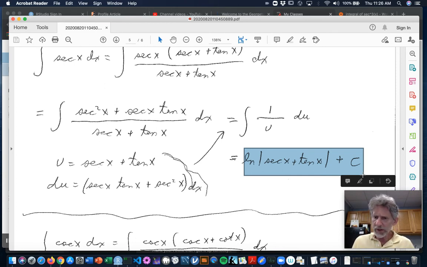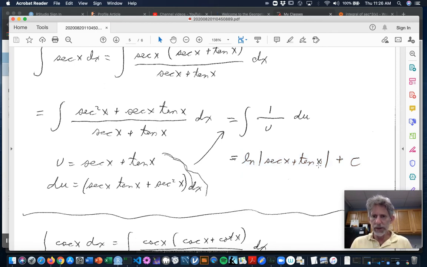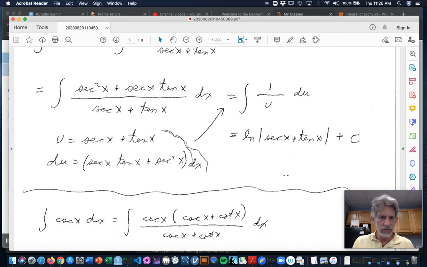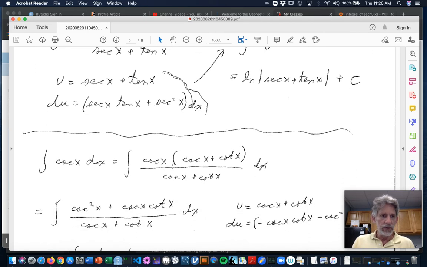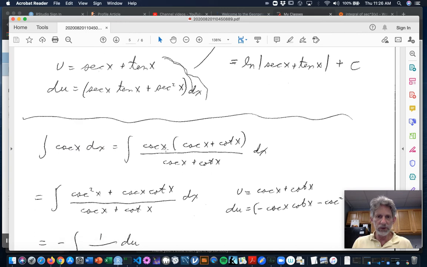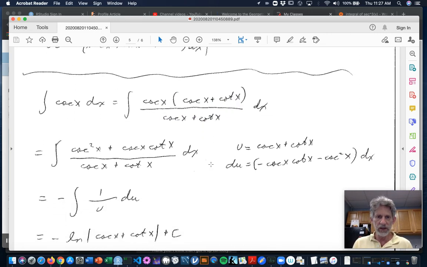I believe this was worked out in the late 1600s by one of the second generation of British mathematicians that worked on calculus. You could also do the integral of cosecant, similar trick, but multiply by 1 in the form of cosecant x plus cotangent x over cosecant x plus cotangent x.